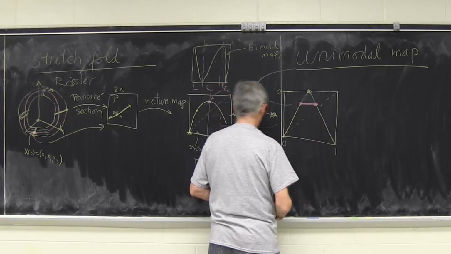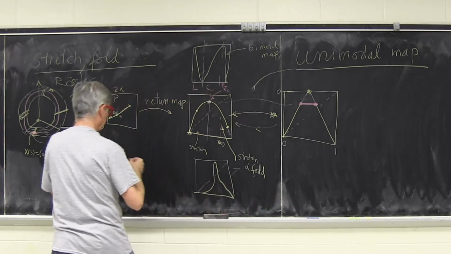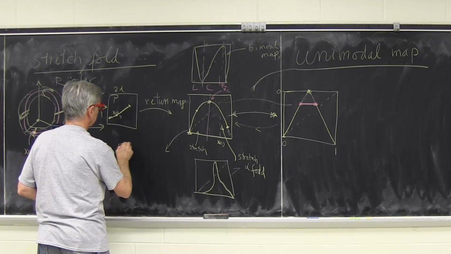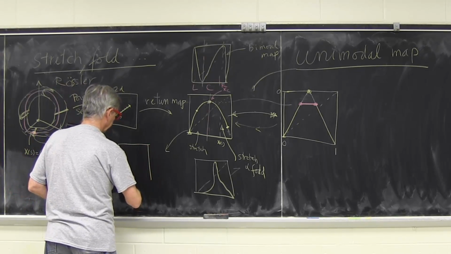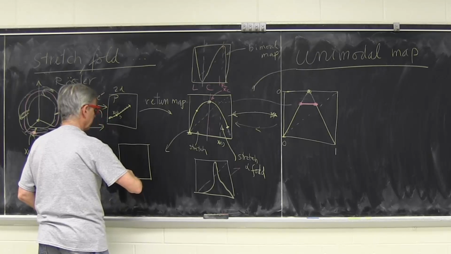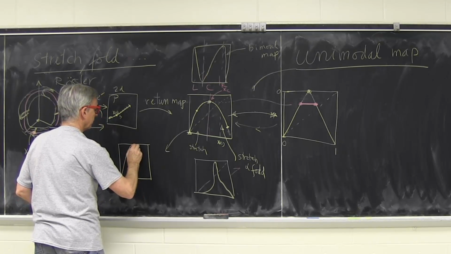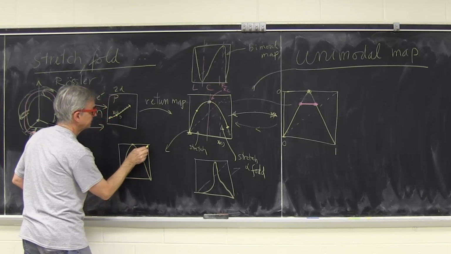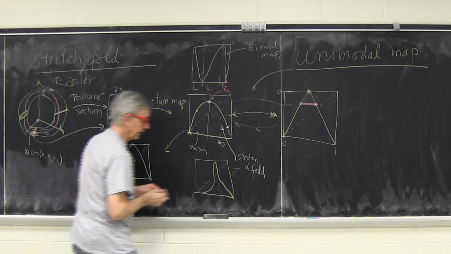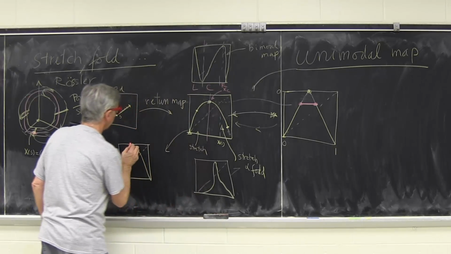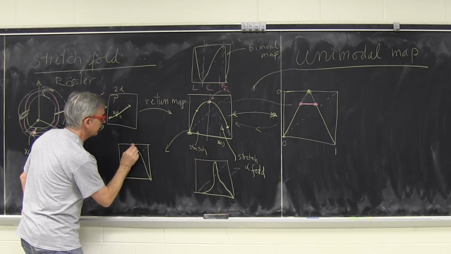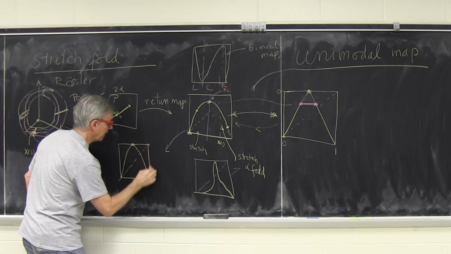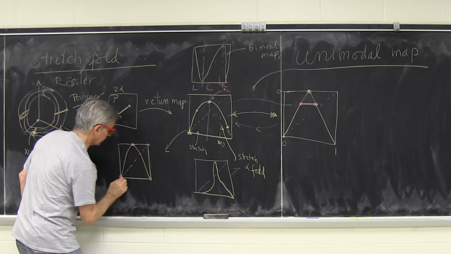Good question. The cusp is extremely important for the smooth maps, and if the cusp touches the unit interval, then its future is very special. This critical point maps to the fixed point.